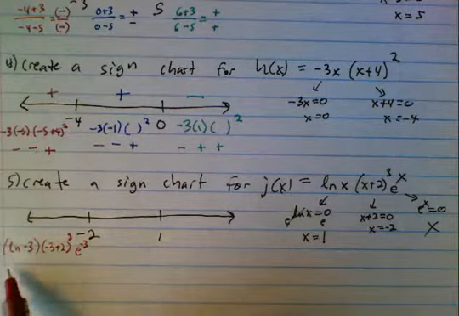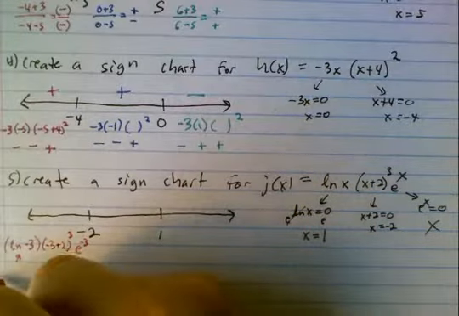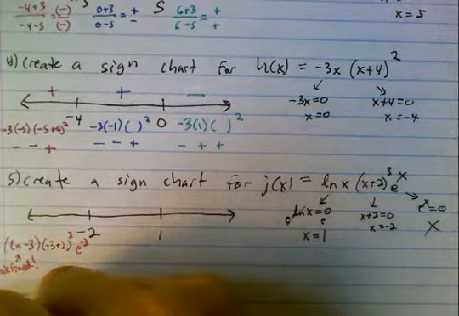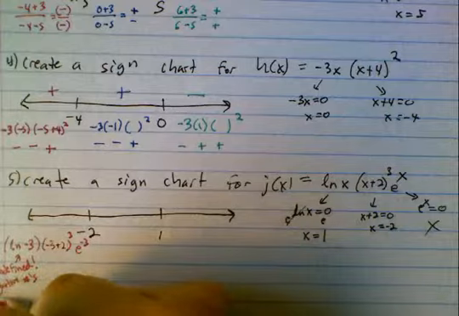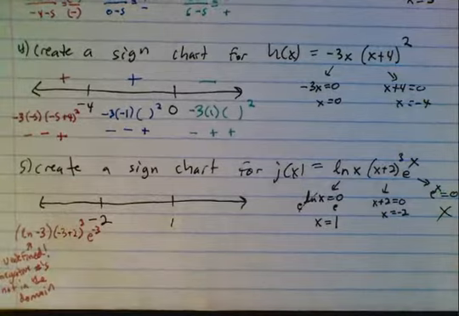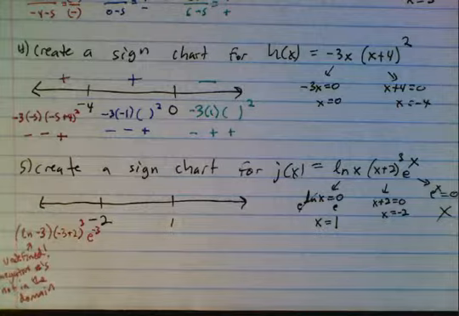Now, the first thing to notice here is that when we go to evaluate this natural log of negative 3, this is undefined. Negative numbers are not in the domain of the natural log. We can't do that. So actually, before we go any further, we should cross off all the numbers that are less than 0.